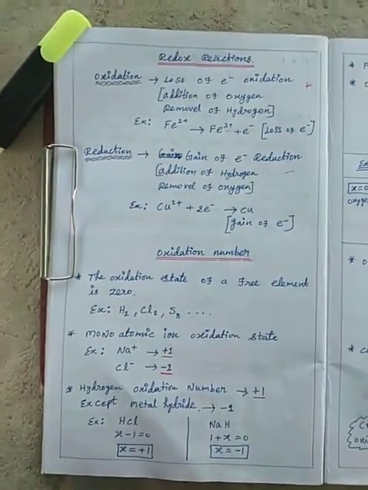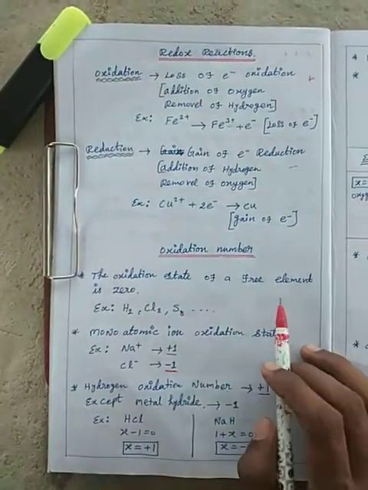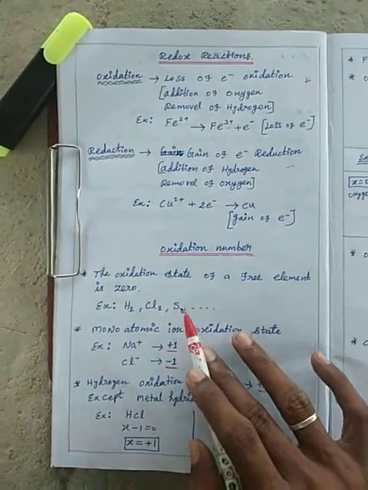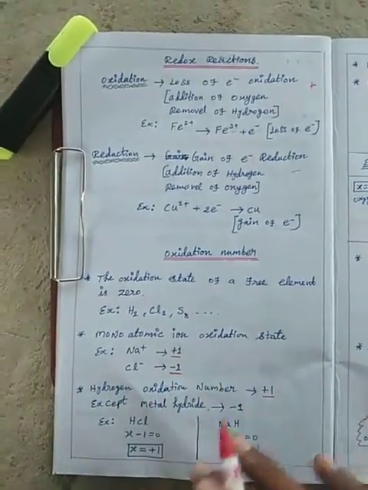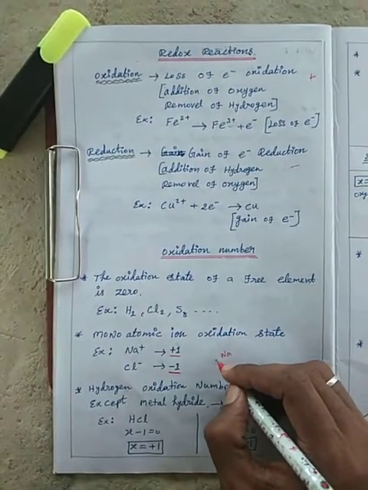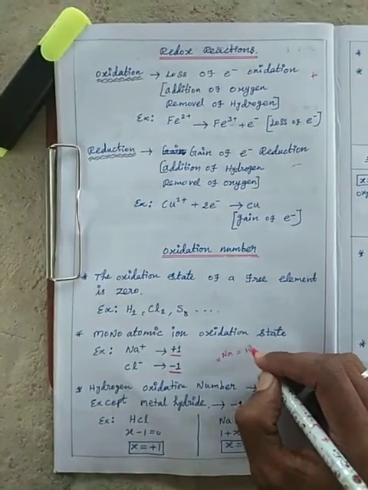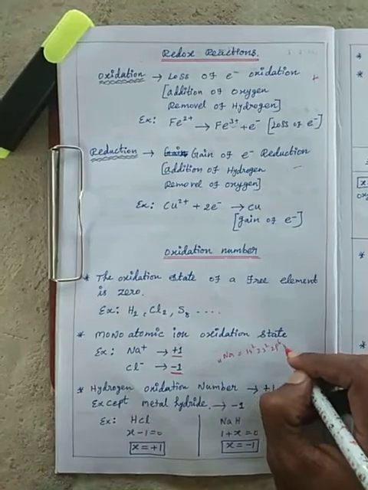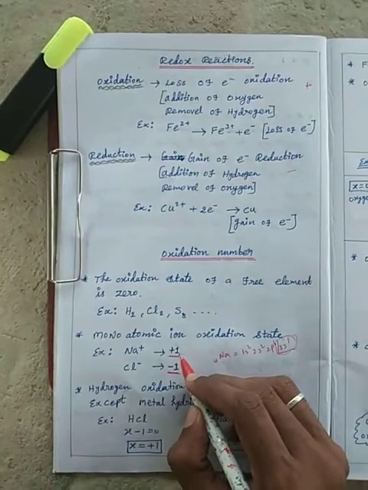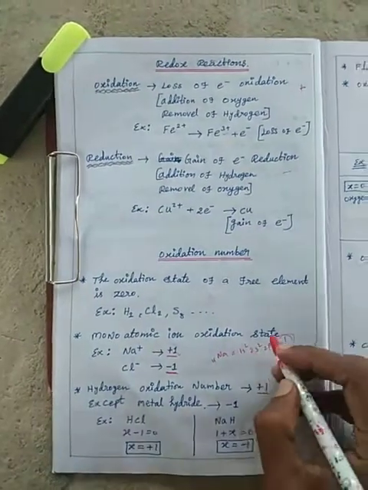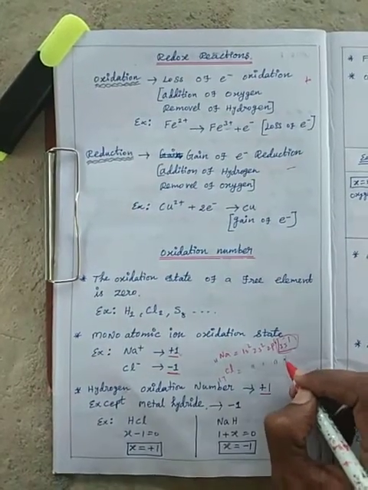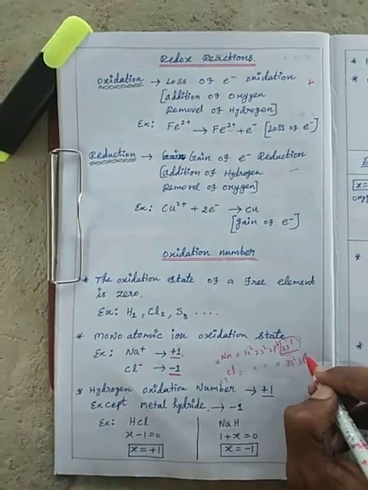So how is the oxidation number calculated? The oxidation state of free-state elements, such as diatomic hydrogen molecules or diatomic chlorine, is 0. For monoatomic ions, take sodium, atomic number 11: 1s2, 2s2, 2p6, 3s1. In the outermost subshell, losing 1 electron is possible, so the oxidation state is +1. For chlorine, atomic number 17, the configuration is the same up to 2p6, then 3s2, 3p5.